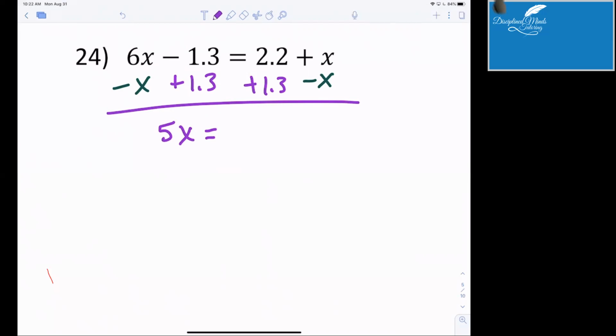Oh wait, 3.5. Thank you, 3.5. And then you divide 3.5 by 5, which is 0.7. Good.